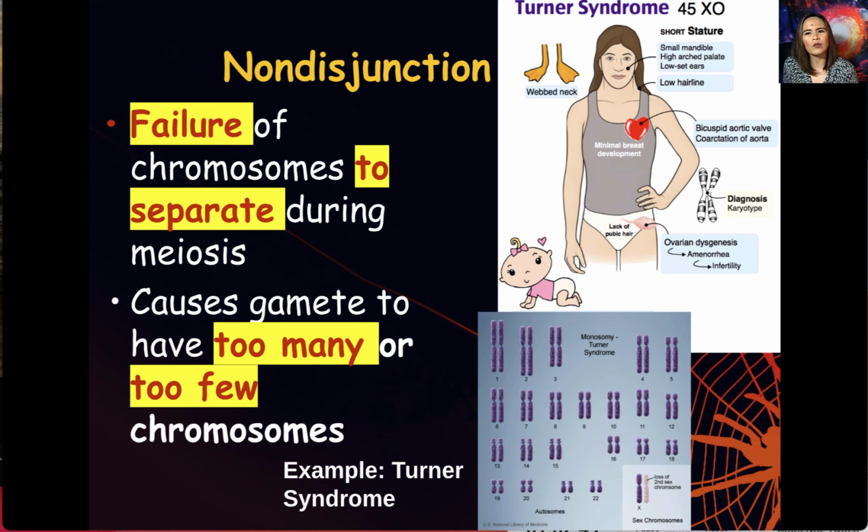Turner syndrome has some effects on a person. Examples would be a low hairline, heart problems, and some of them are not able to have children, as well as having a webbed neck. These are some of the physical deformities for nondisjunction.